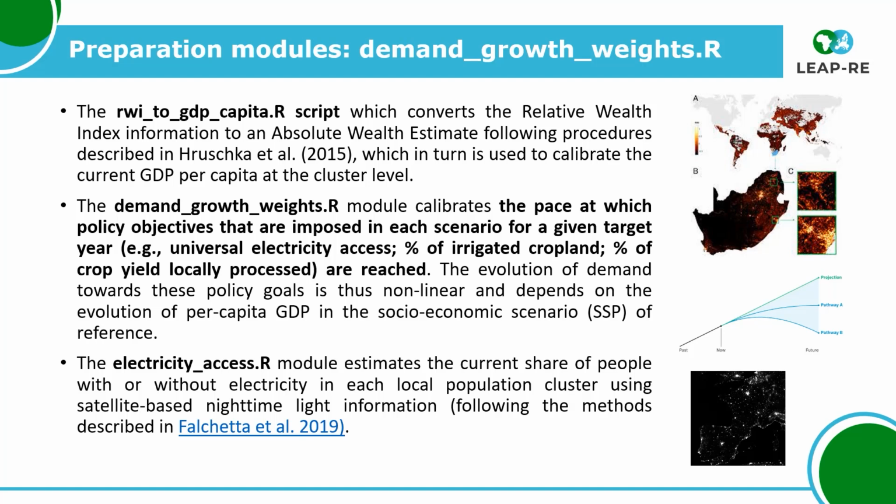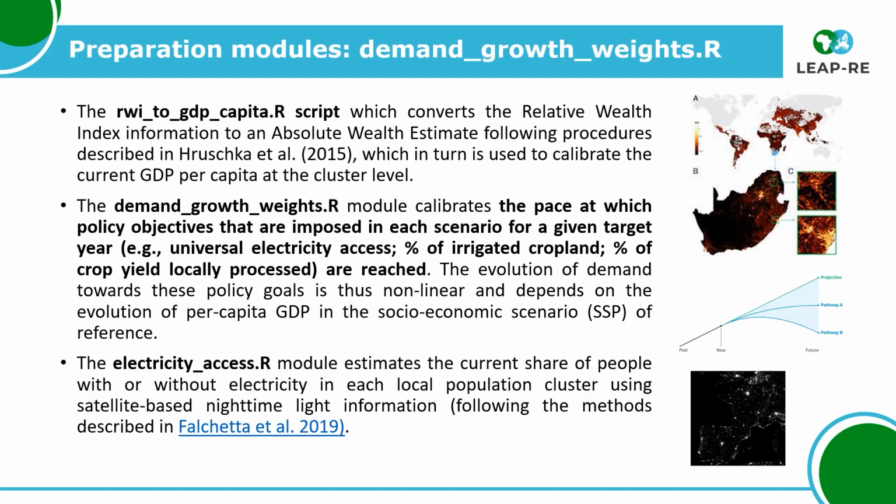Another preparation module called by the scenario model is the demand growth weight. We convert a relative wealth index to an absolute wealth estimate to gain an understanding of how different regions and settlements in a country are standing in terms of their wealth level, in terms of their GDP per capita level, so that we know how rich or poor different areas inside a country are, with a very high level of spatial granularity.